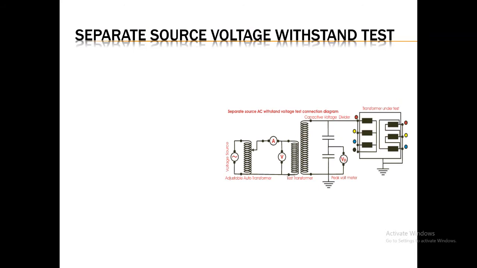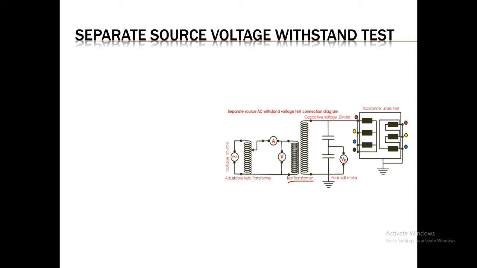Here you can see this is the circuit arrangement, that is how you have to connect your three-phase transformer to check its voltage withstanding capacity by using a separate source voltage. The entire test circuit includes the voltage source, which is a lower voltage that you have to magnify to the required test voltage value by means of a test transformer.